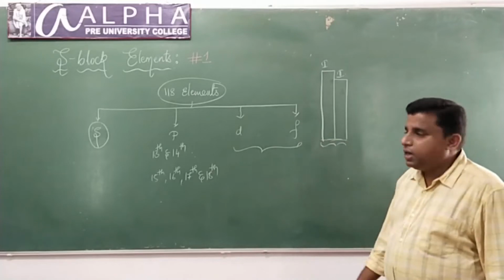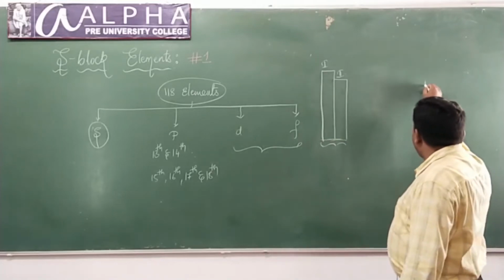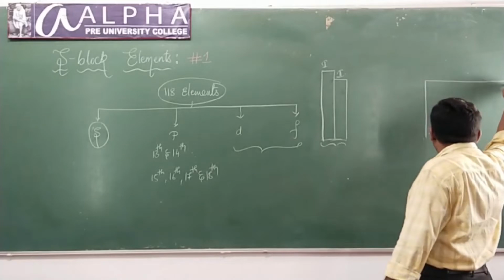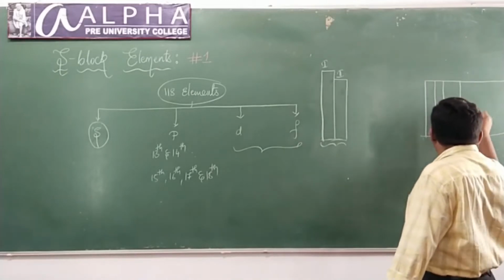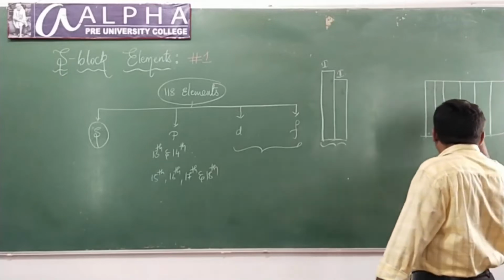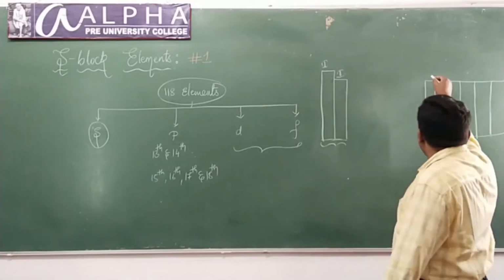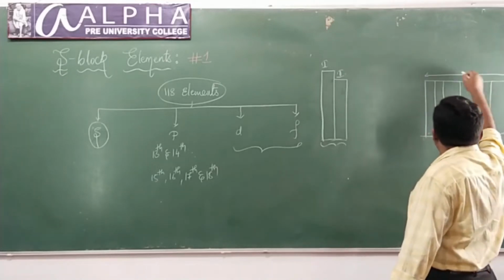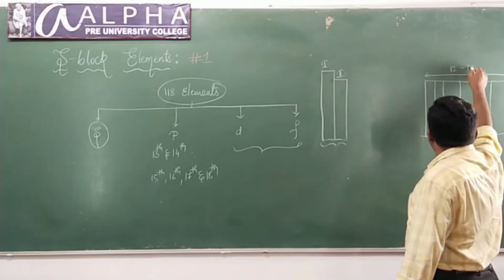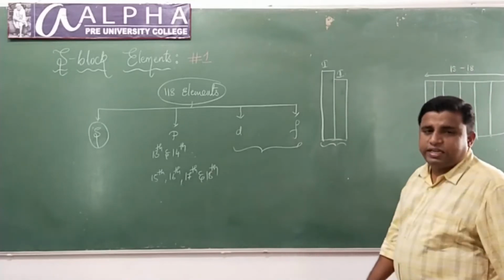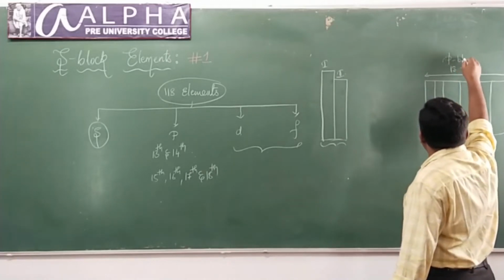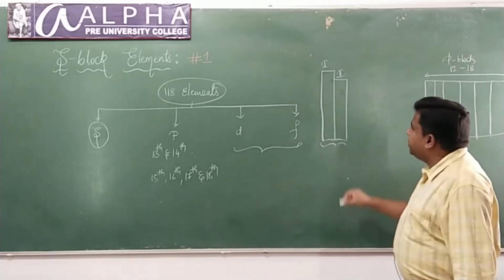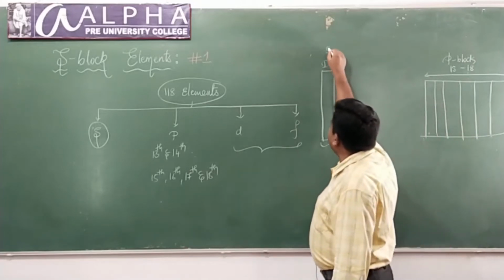And to the extreme right we have 6 groups: group 13, group 14, group 15, group 16, group 17 and group 18. These set of 6 groups are called P block elements. These 2 groups are called what? S block elements.